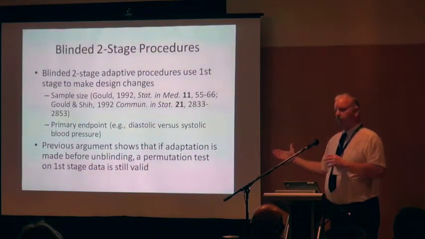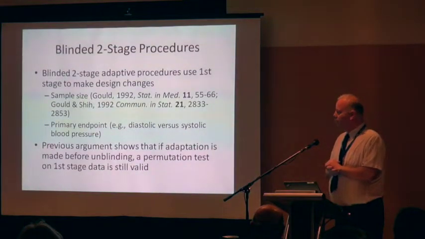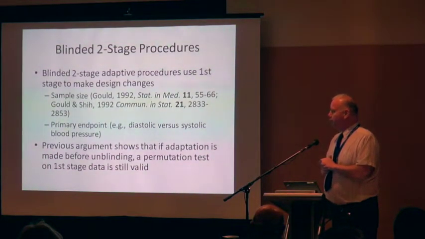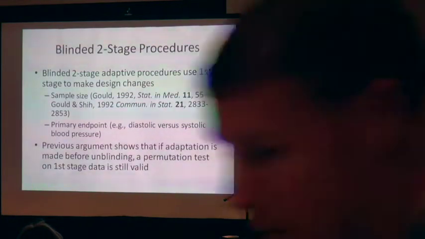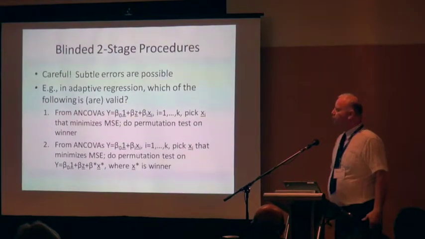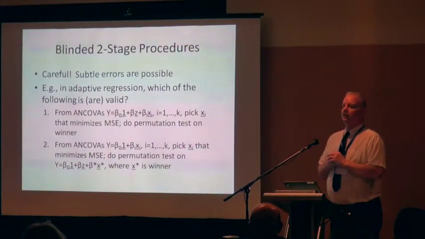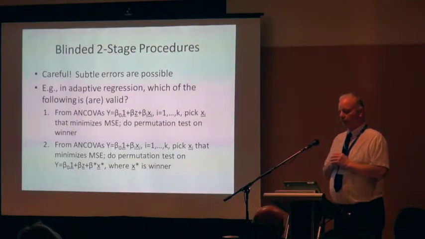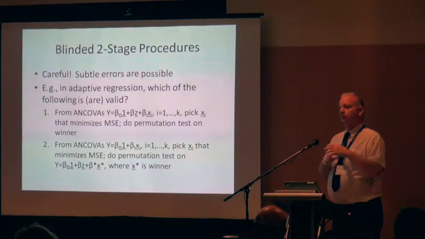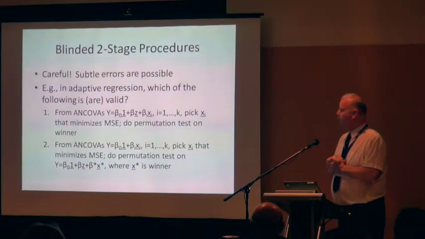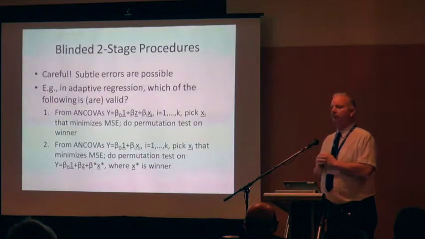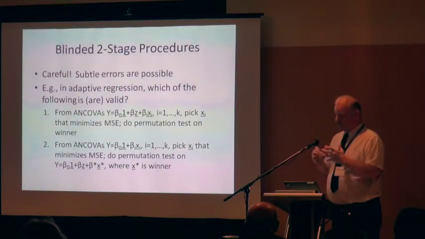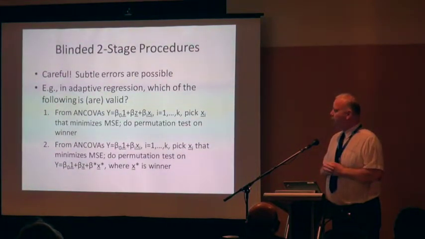The previous argument, that the permutation test already conditions on all the data, shows that a permutation test on that first stage data is still valid. Now you do have to be a little bit careful because it is possible to make some subtle errors. For example, you might want to do some adaptive analysis of covariance where you have a whole bunch of covariates and you want to pick the best covariate to include, and you want to include just one covariate and the treatment effect.